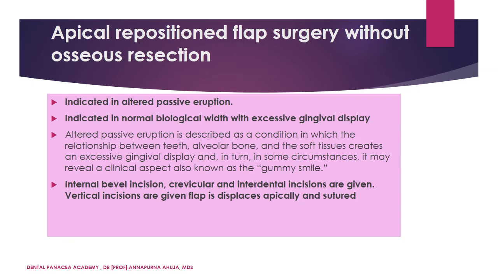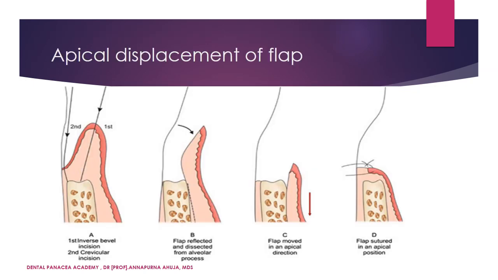Altered passive eruption is described as a condition in which relationship between teeth, alveolar bone and the soft tissue creates an excessive gingival display. It's also called gummy smile. In this, internal bevel incision, clavicular incision, interdental incisions are given. Then, if necessary, vertical incisions are also given to displace the flap apical and suture.